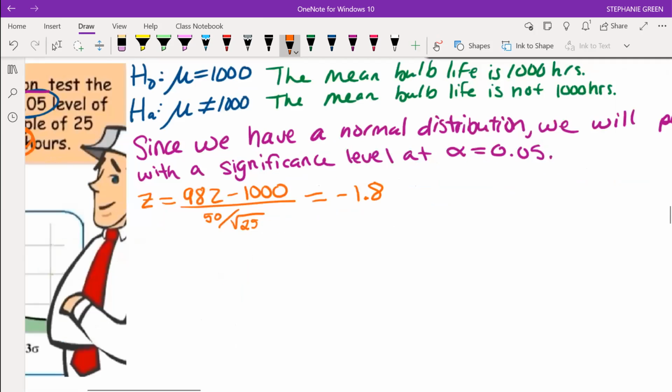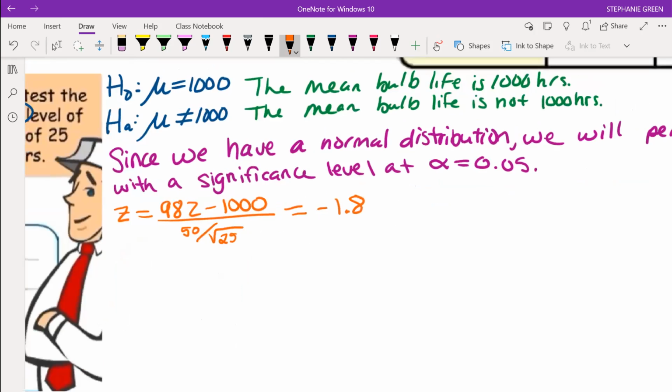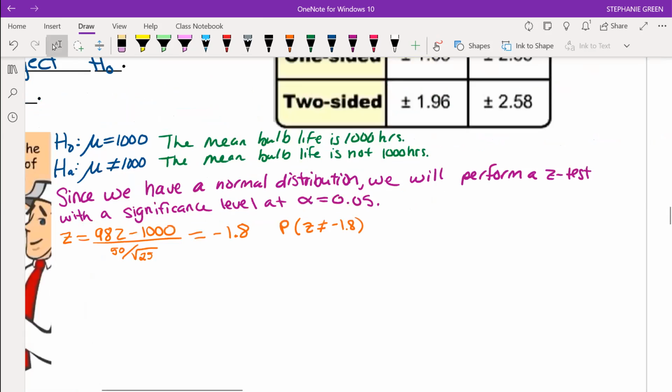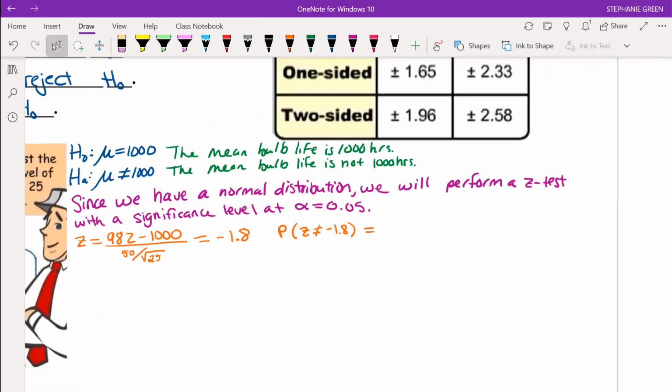Then I can use that negative 1.8 to calculate my p-value, the probability that z is not equal to negative 1.8. We would actually want 2 times the probability. Our mean on the standard normal distribution, remember, is at 0, so negative 1.8 would be over here.